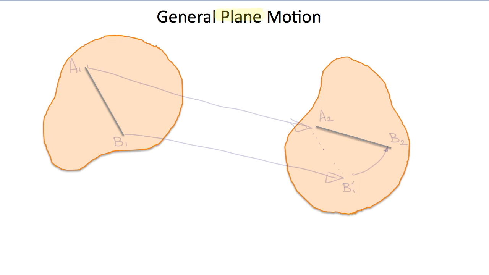Let's consider a two-dimensional example of a general plane motion consisting of a translation and a rotation in a plane. So A1 goes to A2 and B1 goes to B2 as this body translates and rotates. The translation we can show as the vector connecting A1 to A2, and there's a parallel vector connecting B1 to B1 prime. Then to get from B1 prime to B2, this must be a rotation.